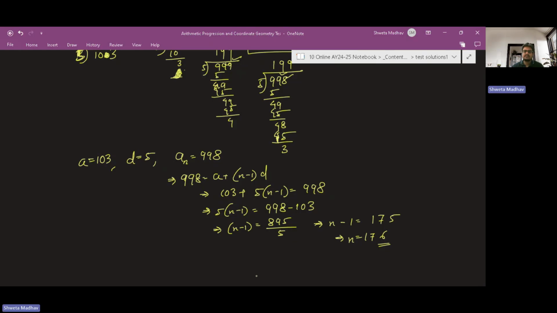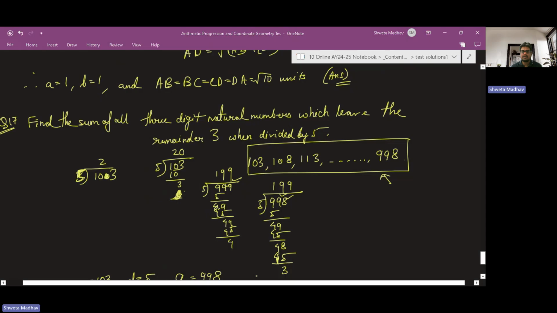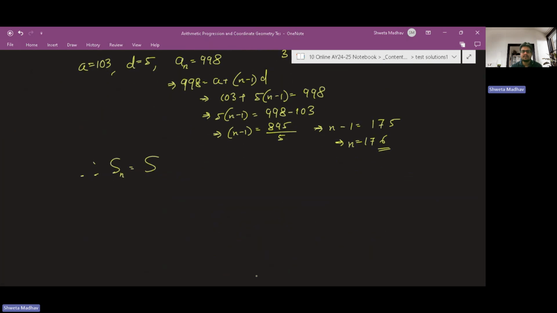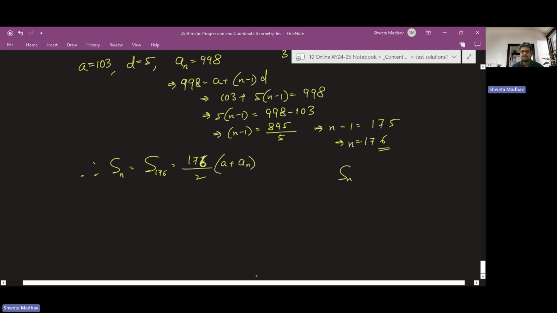So there are 176 terms here, and we have to find the sum of all these terms. The sum of 176 terms, S176, is equal to n by 2 into (a + an), since we know Sn = n/2 (a + an).